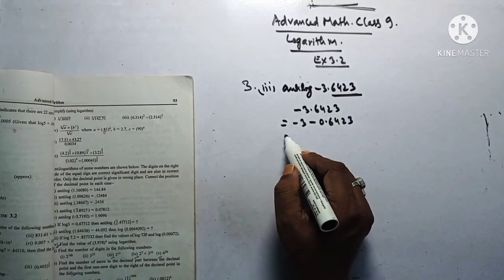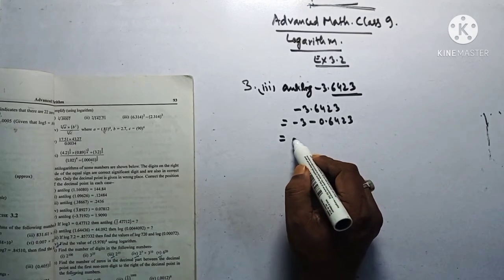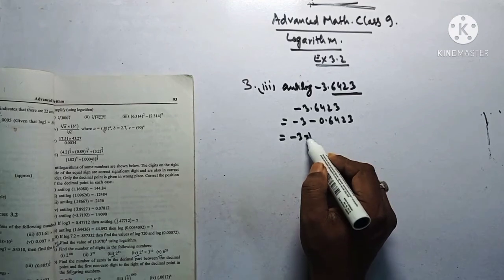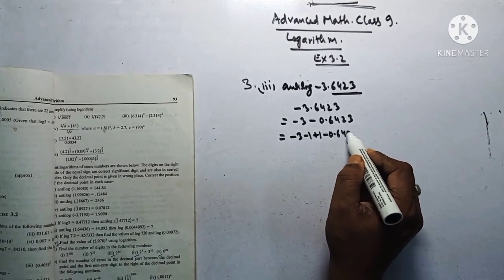How are you going to make this positive? We are going to add 1 and subtract 1, that is minus 3 minus 1, and add 1 minus 0.6423.